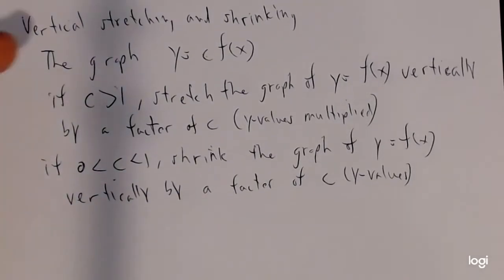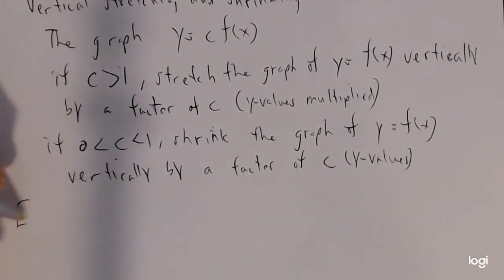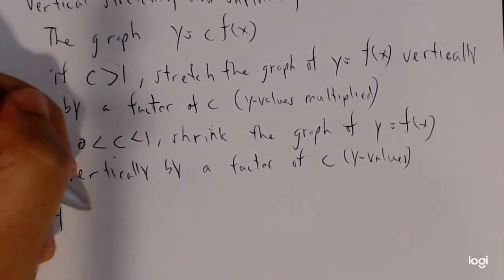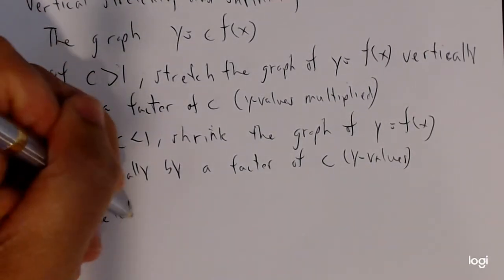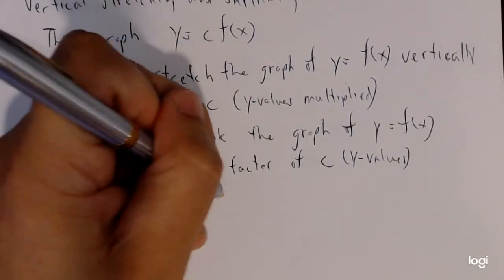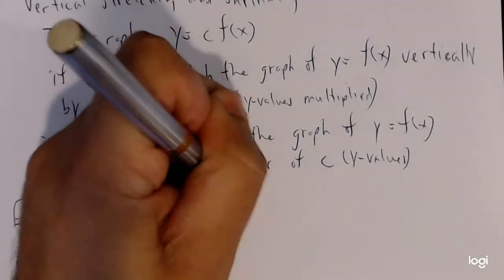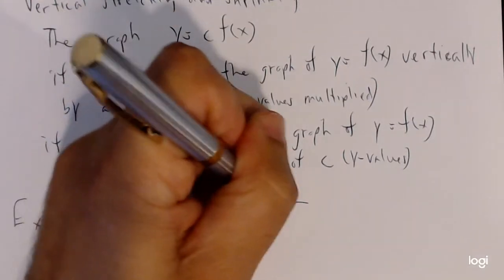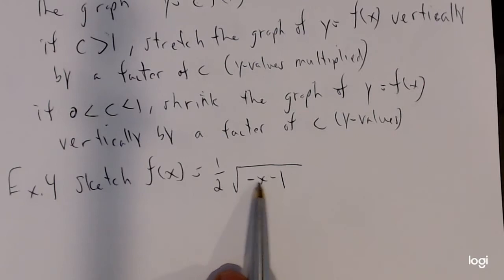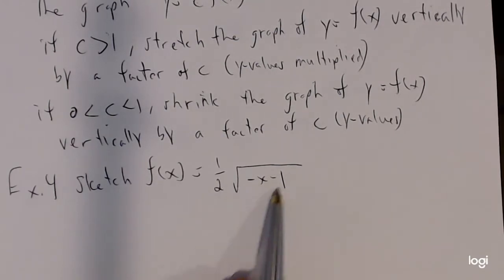So let's look at our next example, which is the fourth one in this section. We're going to sketch f of x equals 1/2 times the square root of negative x minus 1. Notice how if I have something other than just a positive 1 in front of the x, I want to write this in factored form.